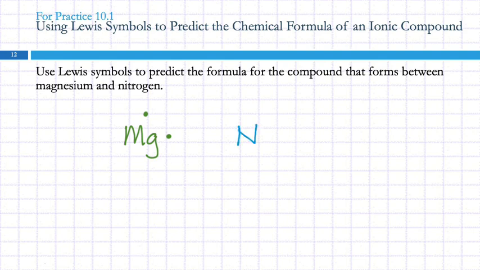How many valence electrons does nitrogen have? 5. 1, 2, 3, 4, 5. So we're going to try to get magnesium and nitrogen together to cooperate so that everybody can get an octet. This metal is willing to lose electrons. The nonmetal wants to gain electrons. Nitrogen's like, hey, can I have those electrons? And magnesium's like, sure, I'd like to get rid of these.